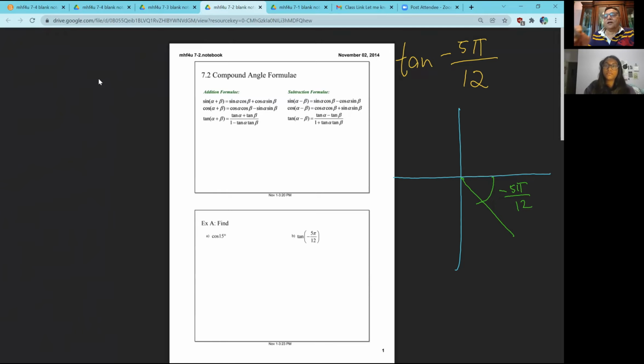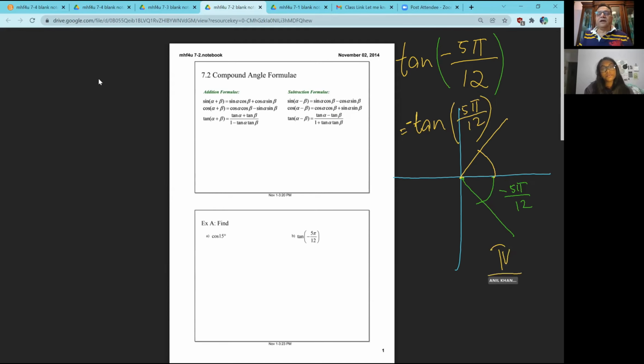Yeah. Now we know that tan is an odd function. So this is equal to what? If I write it in terms of the acute angle, then it is negative, right? Negative tan of 5 pi by 12. I could think like this also, correct? So instead of working in quadrant 4, where we know it is a negative value, we can write this as negative of tan 5 pi by 12.